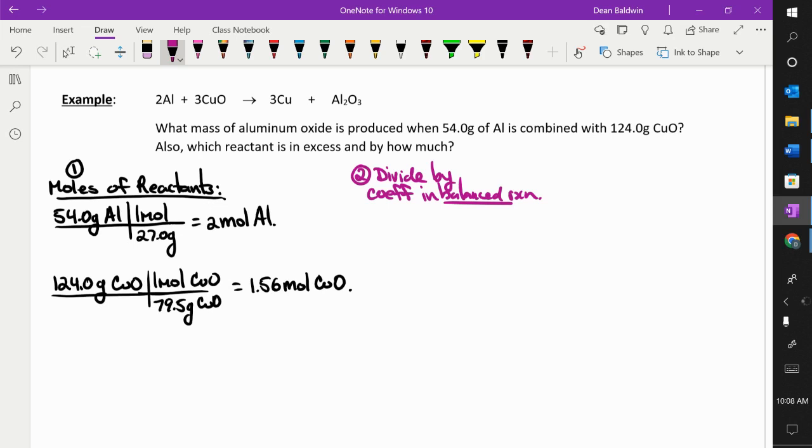So we just divide the moles by 2. This gives me 1. And then you divide the copper oxide by 3, which gives me 0.52. The lower number is your limiting reagent. Okay.